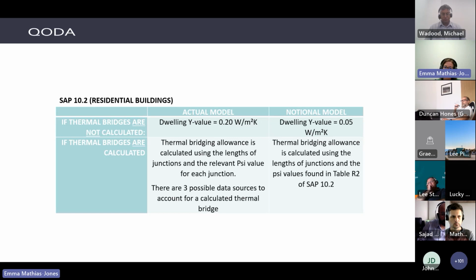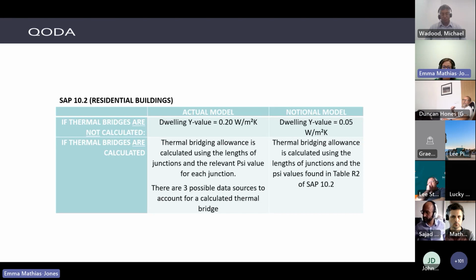If you are calculating them, you've got your length, you have to calculate each psi value separately, and there are 3 possible data sources for that. Those will be compared to a thermal bridge of the same length, but with the psi values found in SAP 10.2 table R2. Those will probably be roughly in line with that Y value of 0.05.